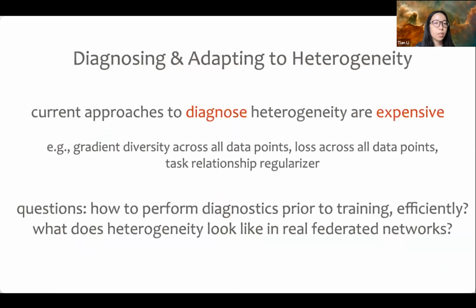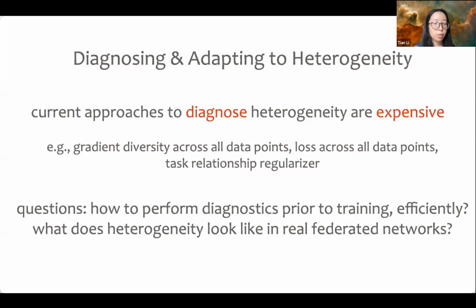And another direction, I think is a fundamental problem, is to perform diagnostics of the federated networks and adapting to data heterogeneity. So the current approaches are very expensive because one fundamental constraint there is that the server cannot see the raw data.